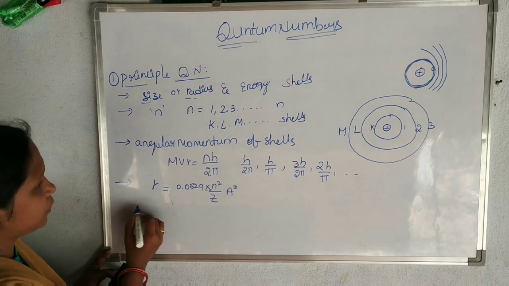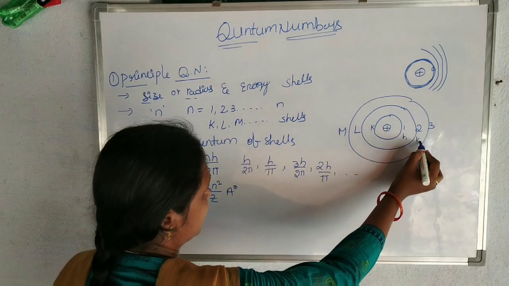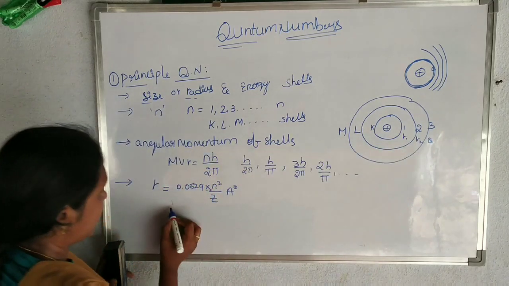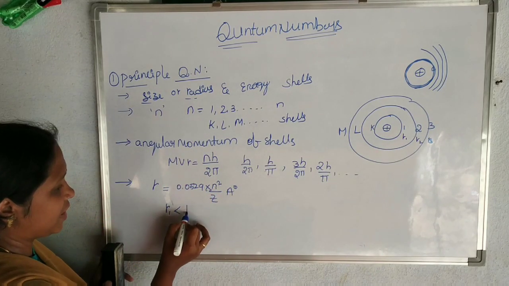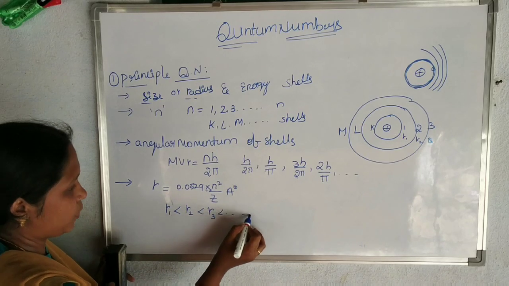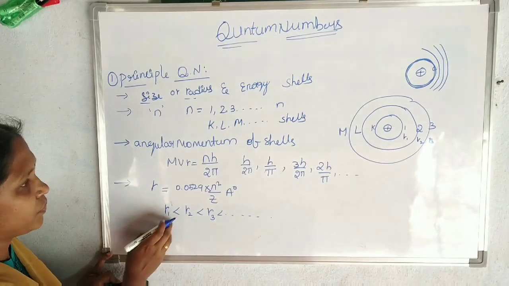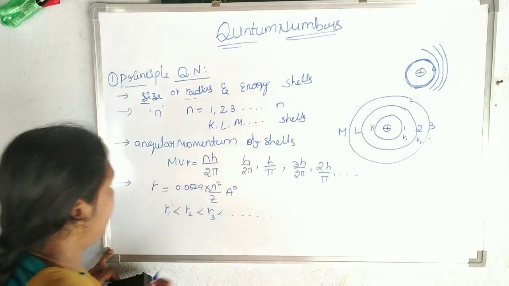If you compare the radius of the first shell, second shell and third shell, the radius order is R1 is less than R2 is less than R3, and so on. Like that, the radius of a shell increases from the first level to the nth level.